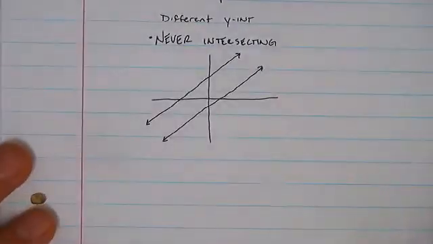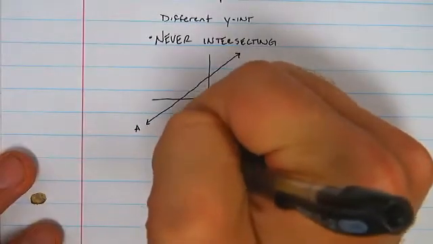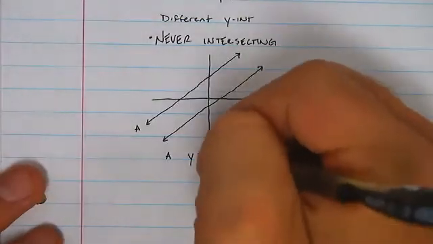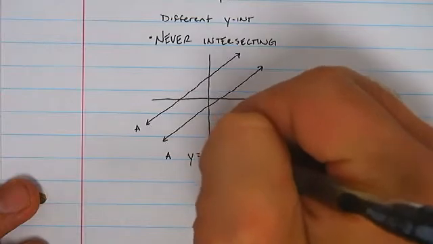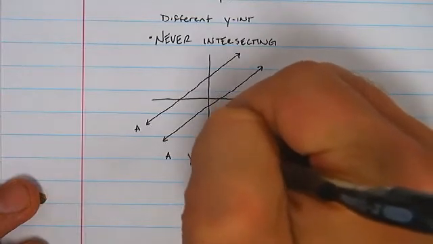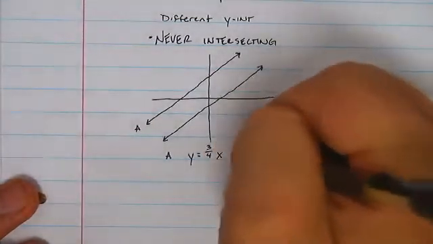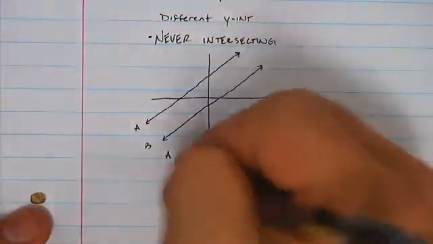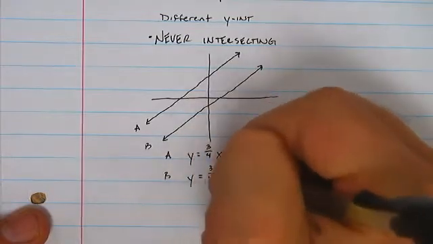So in the case of these two lines, we're just going to make up some random equations. Maybe we'll call line A y equals, and we're going to call this slope, I don't know, it looks like maybe 3/4. It's definitely positive, and it crosses maybe, we'll say, at 5. And then line B is also going to have a slope of 3/4.